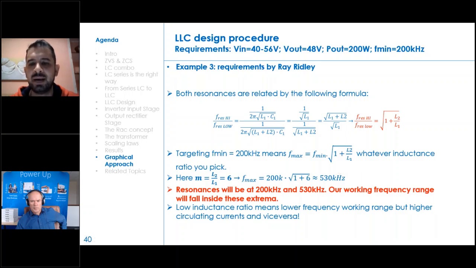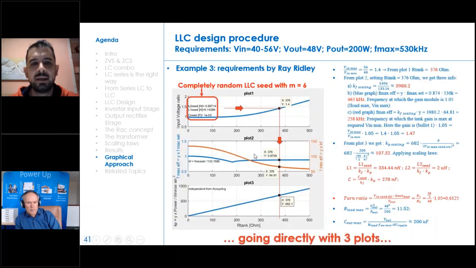It means that our working frequency range will fall inside these two extrema, 530 and 200 kilohertz. Remember always that we are decreasing the inductance ratio, so I expect higher circulating currents than the circuit in which we have this ratio equal to 9, for example.